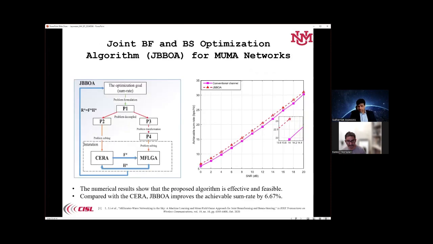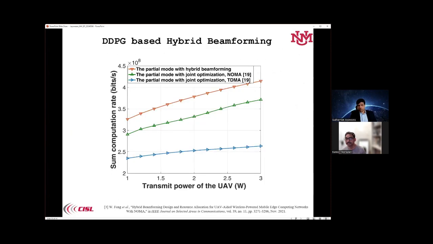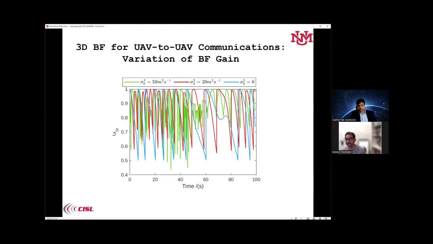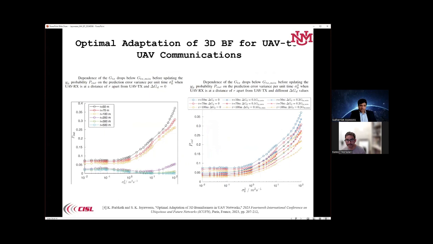And certainly it will depend on the speed of movement. And this is why these are shown with this sigma naught squared, which essentially relates to the speed of the UAVs. And here, for example, the distance: if you consider a beam, as you go further, the beam spreads.